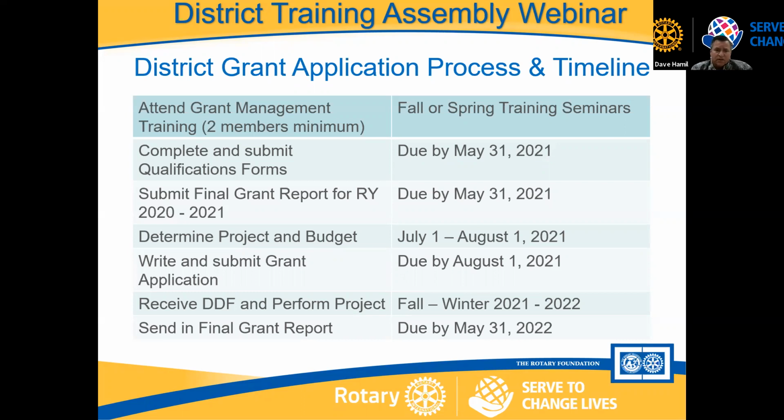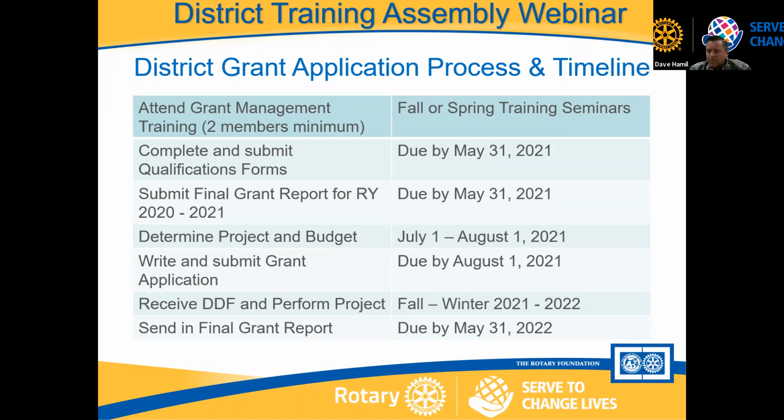In other words, if the club has a lot of matching funds they want to put into a great project next year, don't let the allocation limit you. On the other hand, I'd caution that what each club is being allocated is it. That's not going to necessarily change.